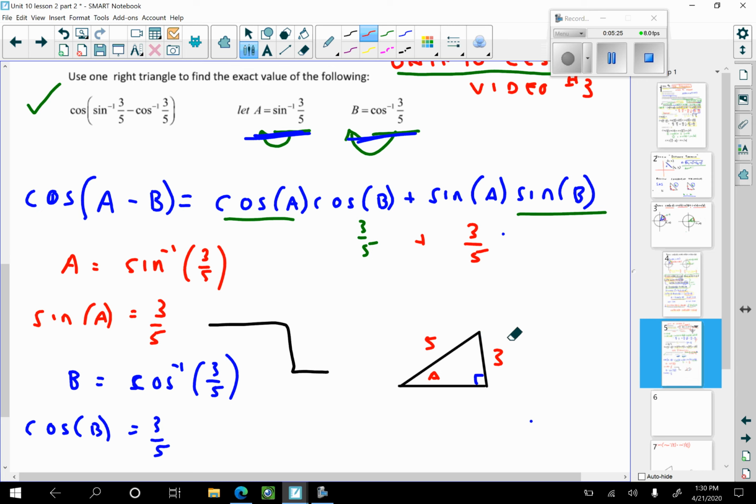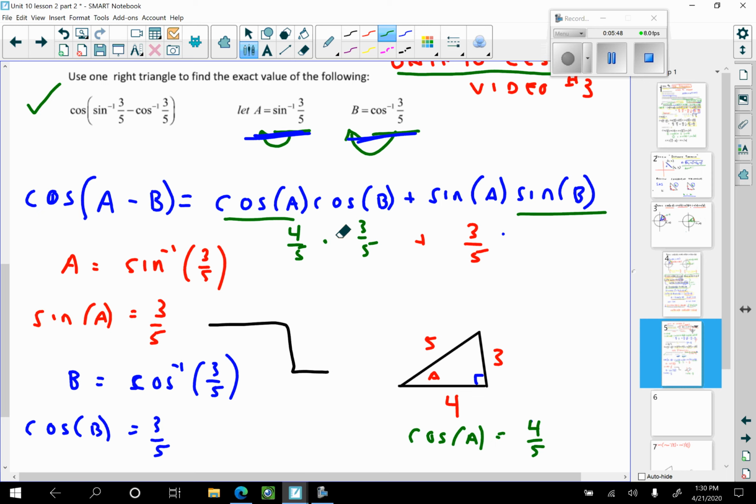And you can see right away, 3, 4, 5 is the most common Pythagorean triple. This triangle tells me that the cosine of A is equal to 4/5. So the cosine of A goes up here as 4/5.